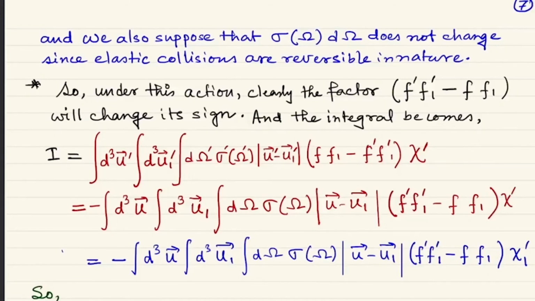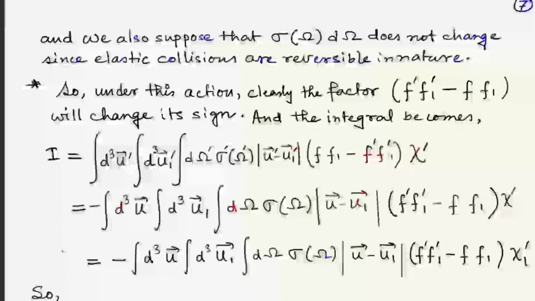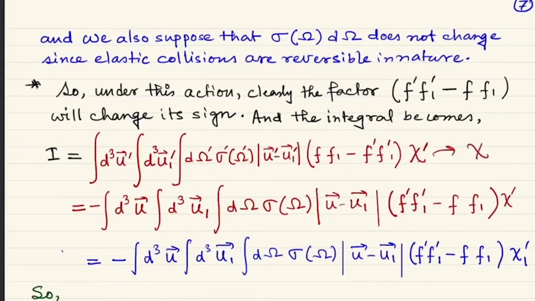And now the chi will be replaced by chi prime. Once again, chi prime is nothing but chi of u prime. So this is nothing but the same thing. This part has changed its sign, that's why this minus has come over here. This chi is replaced by chi prime. This is unchanged, this is unchanged.